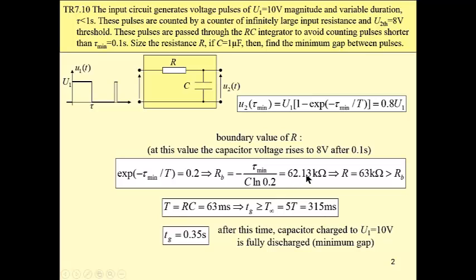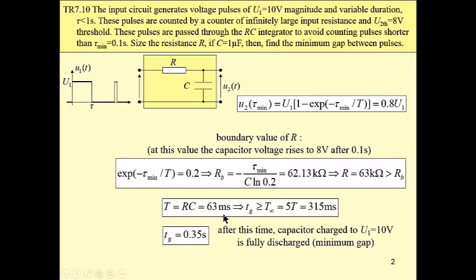Obviously, the value that we assign to this resistance should be slightly larger, let's say 33 kilo ohm, and then the exponential will rise after this time of 0.1 second to a voltage slightly lower than 8, and then such a pulse will not be counted.